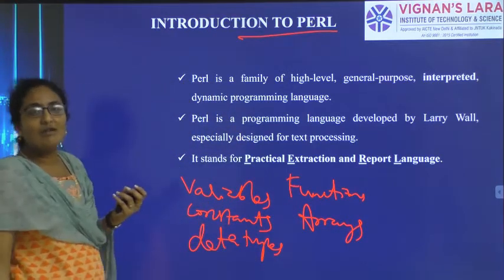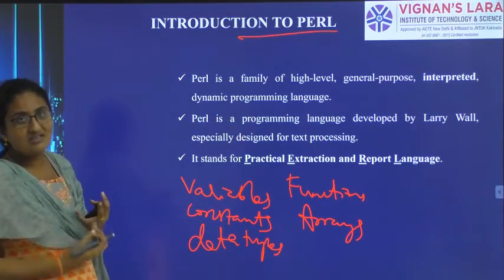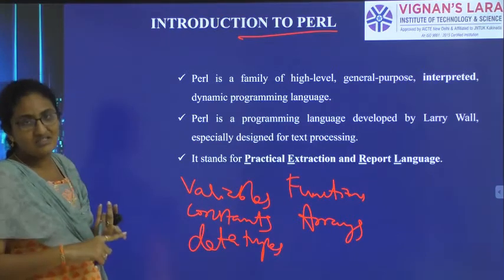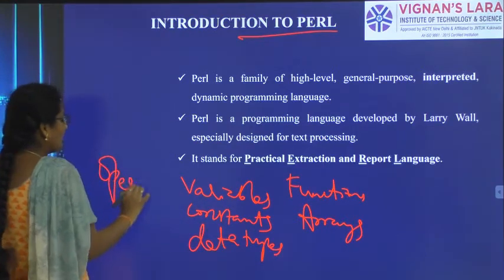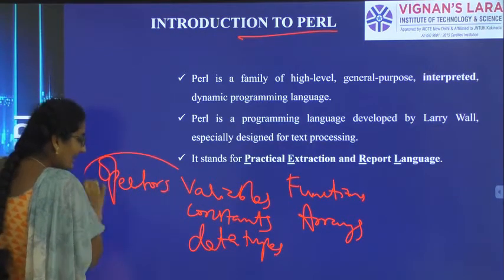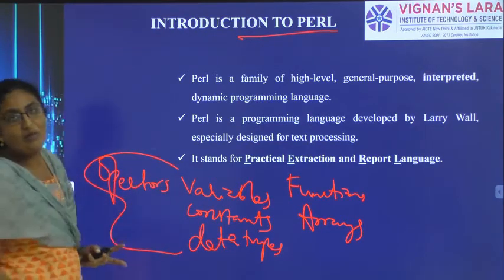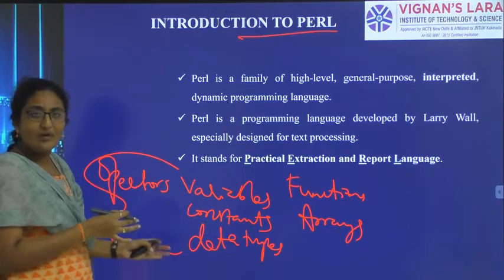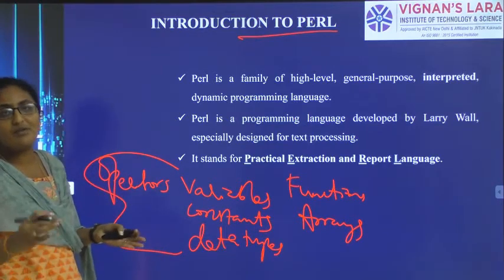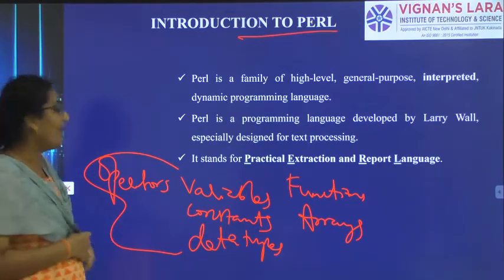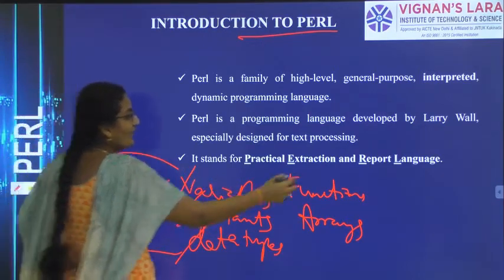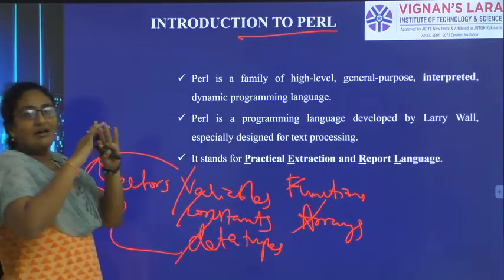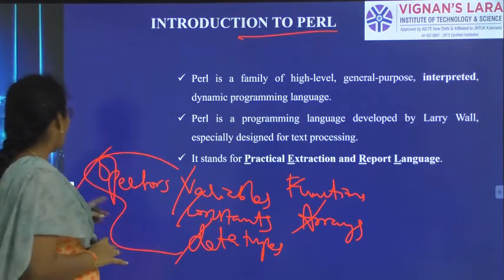Everything again we'll repeat. What are the data types here? What are the constants? What are the variables? What are the functions? What are the arrays? What are the operators? These are similar topics in every programming language. If you take C, Java, XML or HTML, the concepts of variables, constants, data types, operators, functions, arrays are repeated in every programming language.